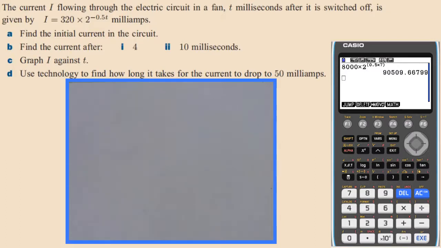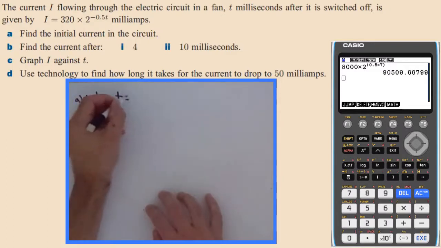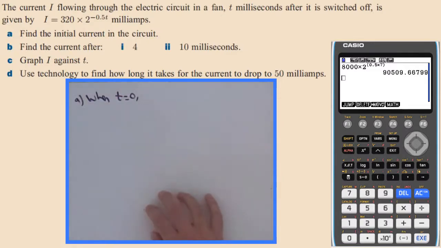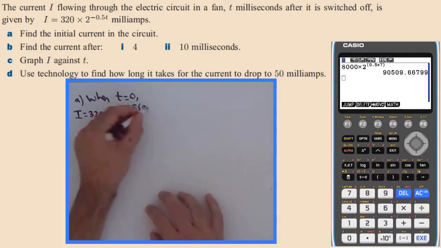It'll be interesting. So part A, find the initial current. The initial current is when t equals 0. So when t equals 0, we need to find the current. I equals 320 times 2 to the power of 0 minus 0.5 times 0.